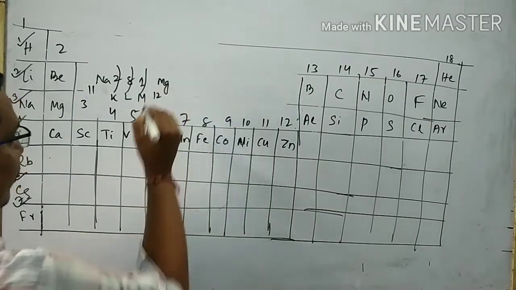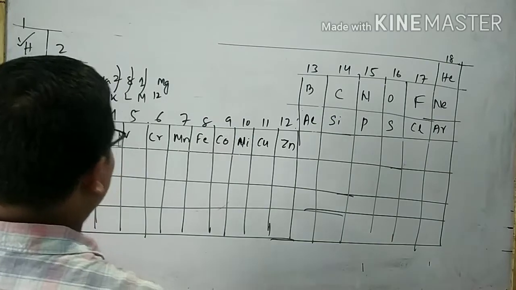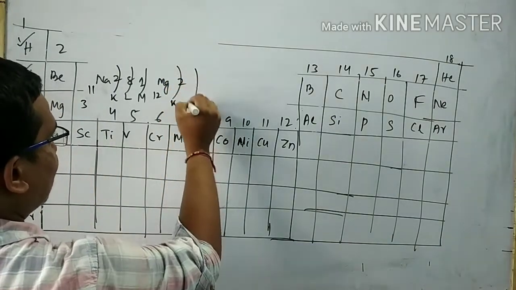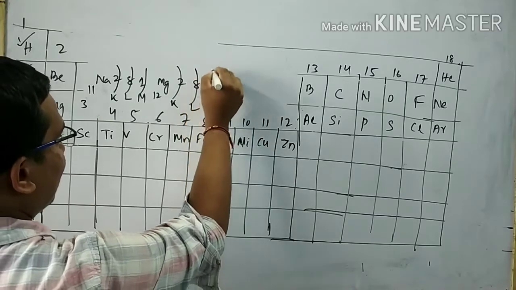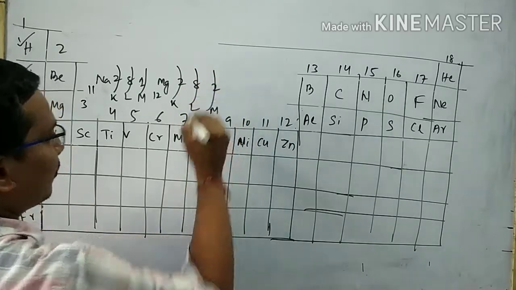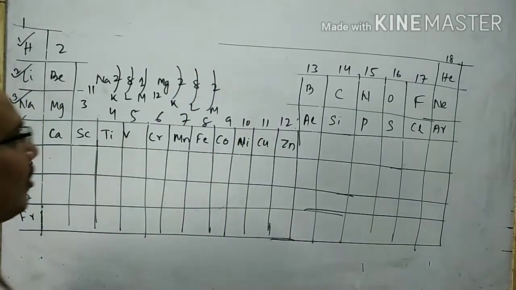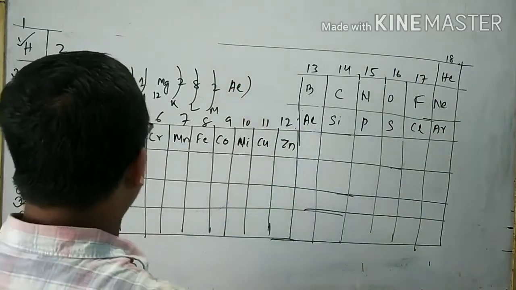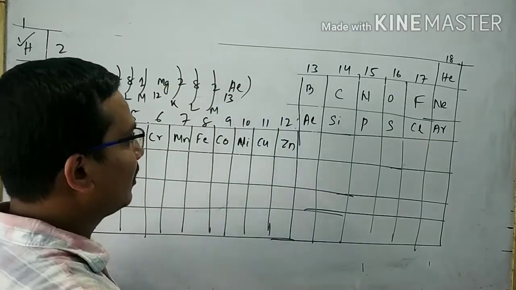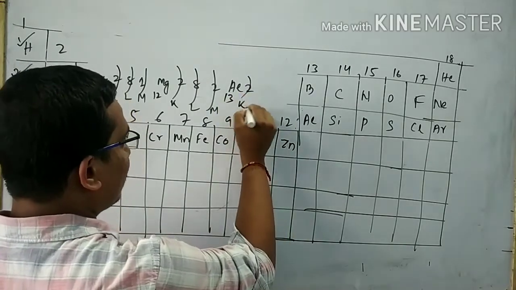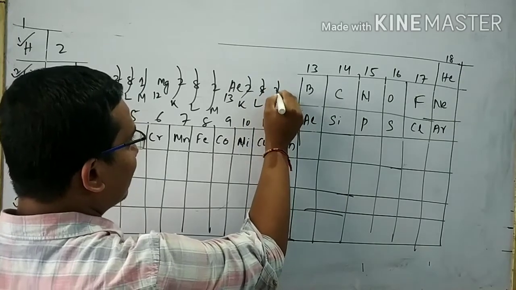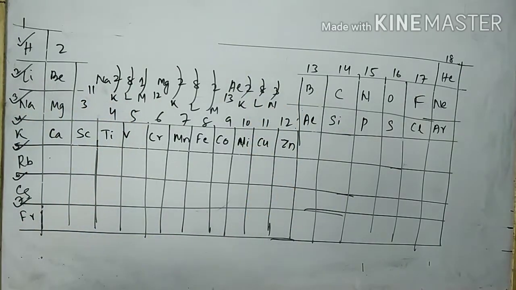Drawing the electronic configuration, K shell has 2, L shell has 8, M shell has 2. Next I will draw the electronic configuration of aluminium. The atomic number of aluminium is 13. K shell has 2 electrons, L shell has 8 electrons, M shell has 3 electrons.